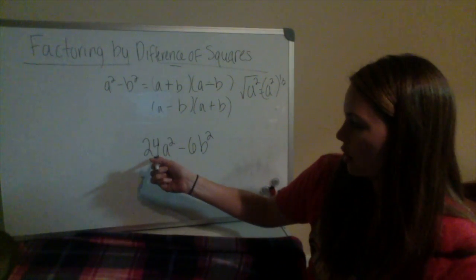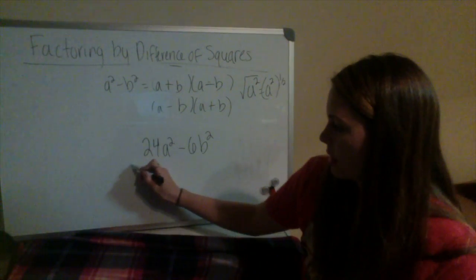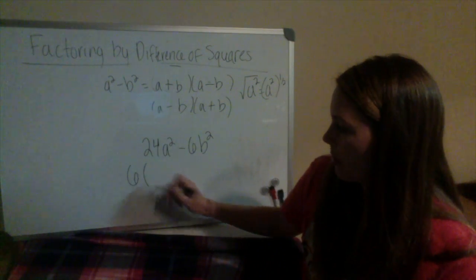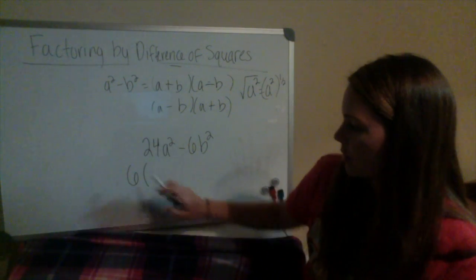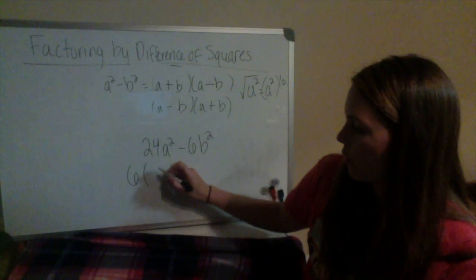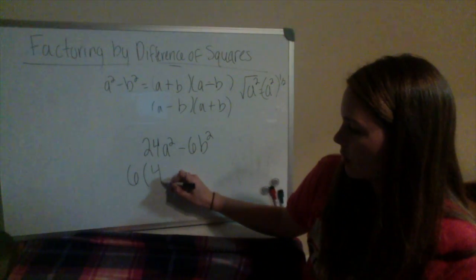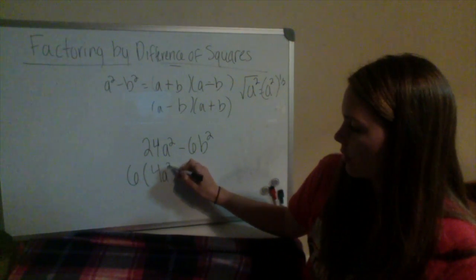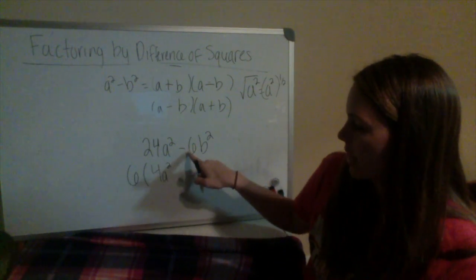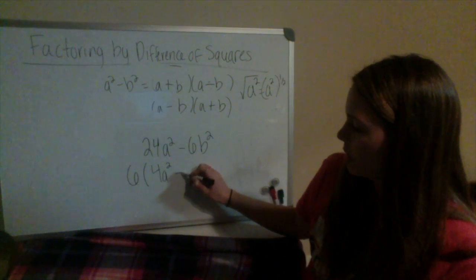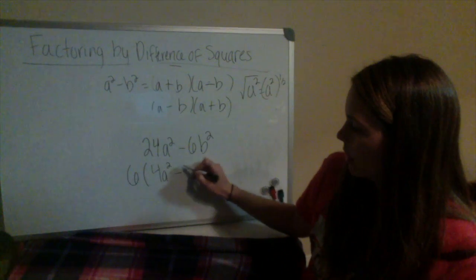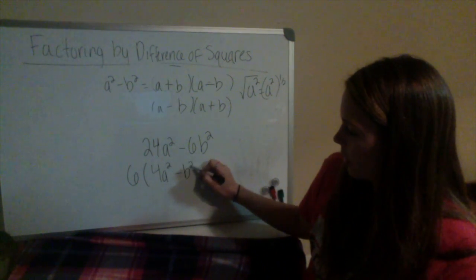Can anything divide into 24 and 6? And I would say 6. So I'm left inside with what? 6 goes into 24 4 times. A squared is left. And 6 goes into negative 6 negative 1 times, but you don't need that 1 there. But you do need the b squared.